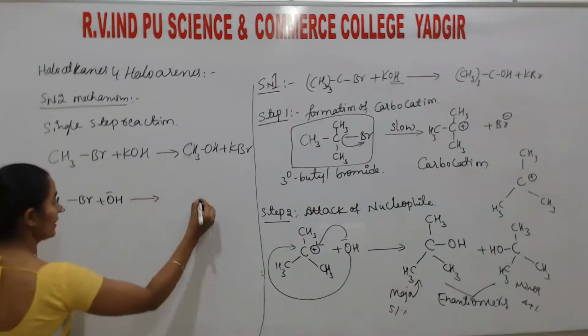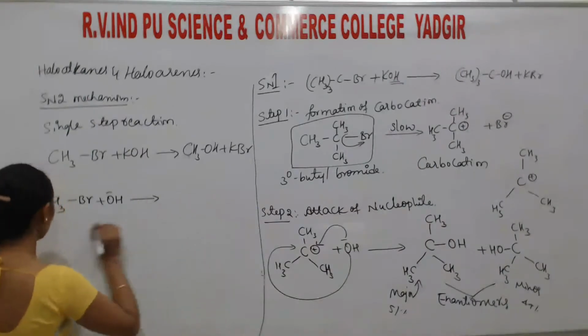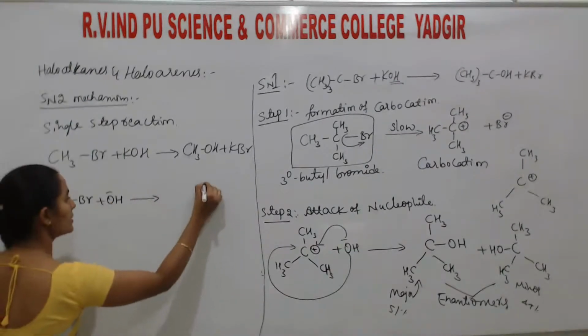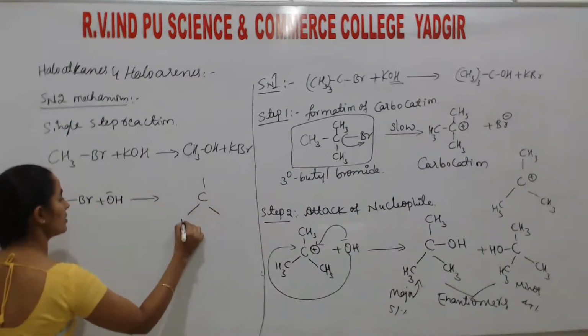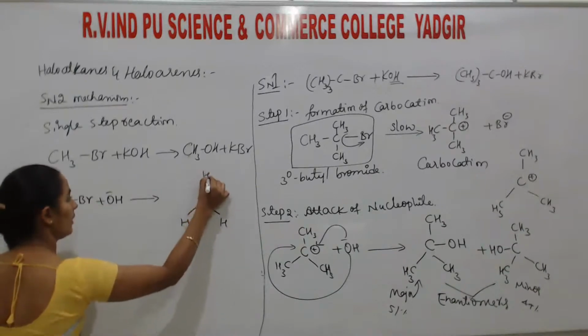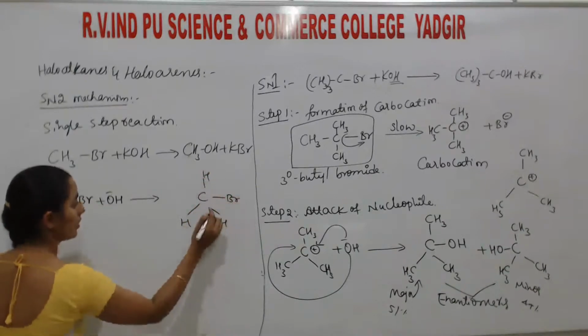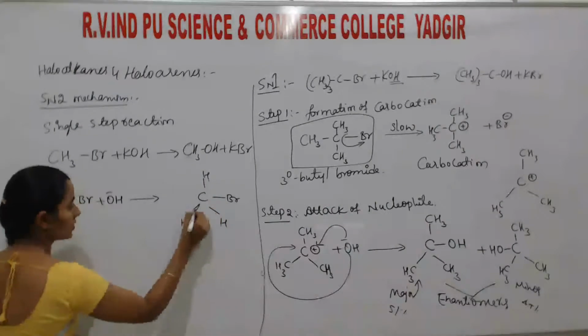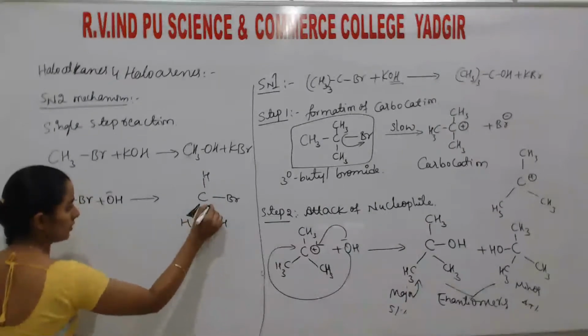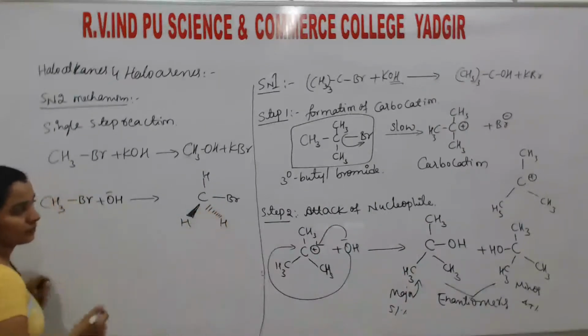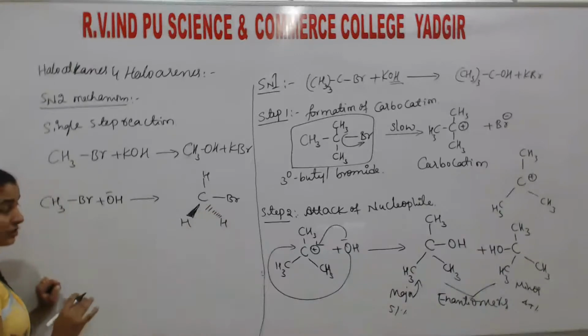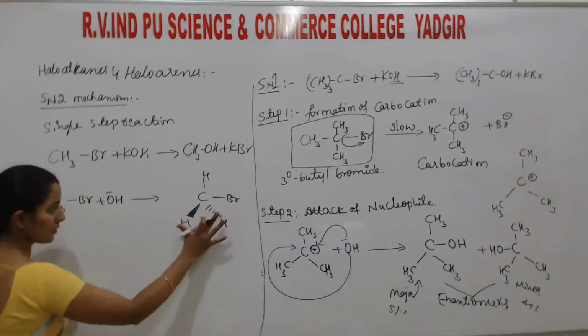They form a transition state. So I write the CH3 like C H H H here and Br here. This is the structure. So students, this is the structure.